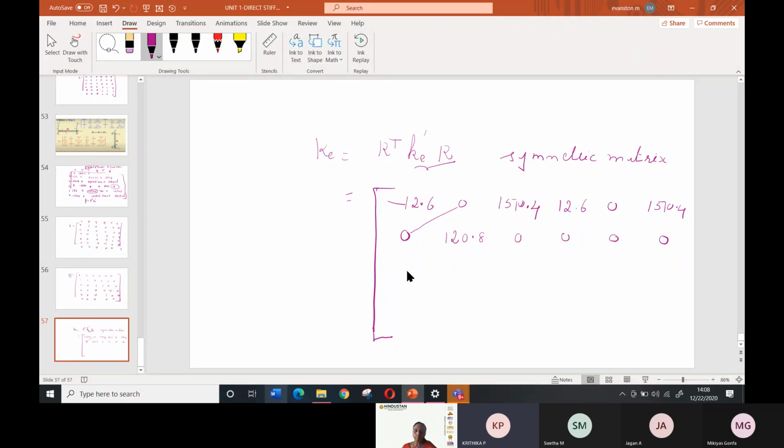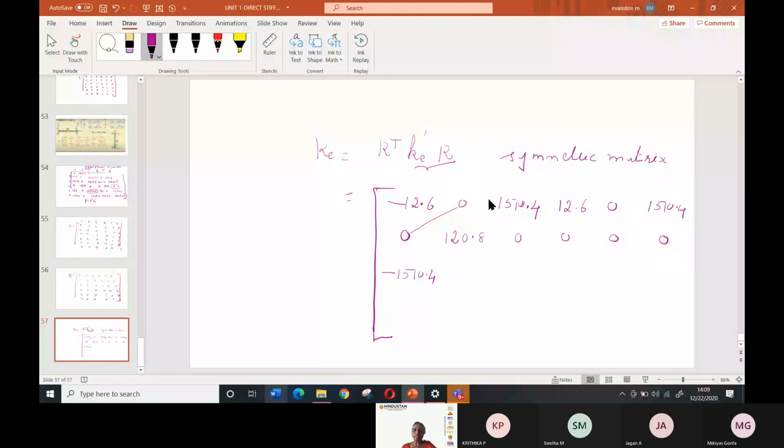Next value. Minus 1510.4. Is it minus 1.5 or plus 1.5? Anybody else have got the answer? This minus plus 1.5, ma'am. Minus 1, that is not correct, because this answer should be equal to this answer.